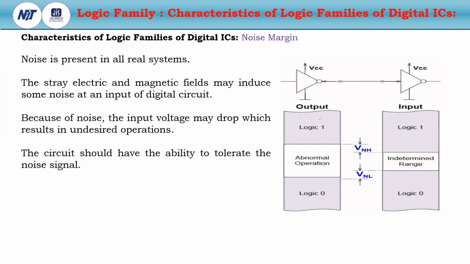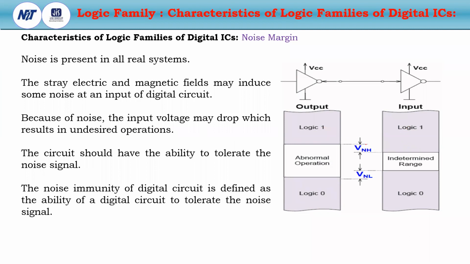This is the logic 1 output and this is the logic 1 input. The difference between the input logic 1 and the output logic 1 is called the noise high. So this portion of the noise is incorporated, and for this reason this portion is called the abnormal operation.